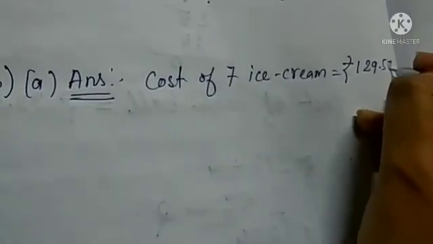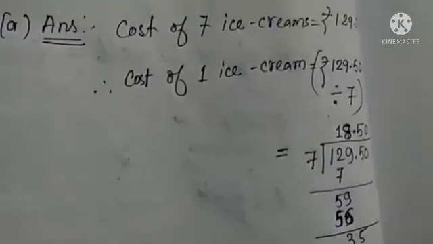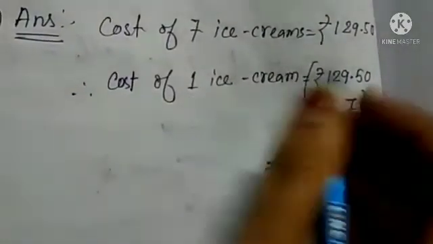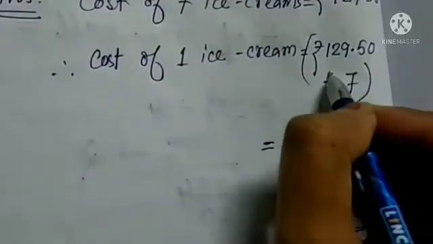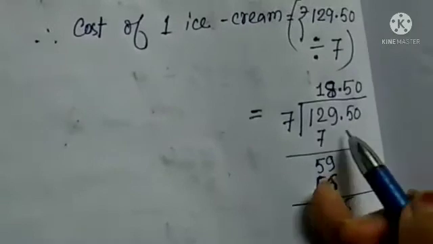Then you have to find out for 1 ice cream. So 1 ice cream, you have to divide. Here I don't have space, so I have written it on the next line. So here we have divided.